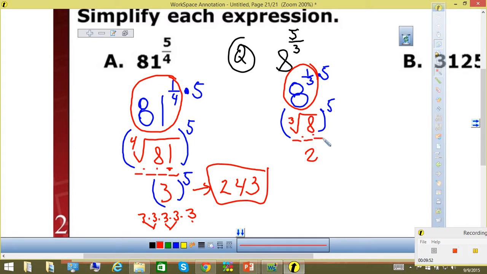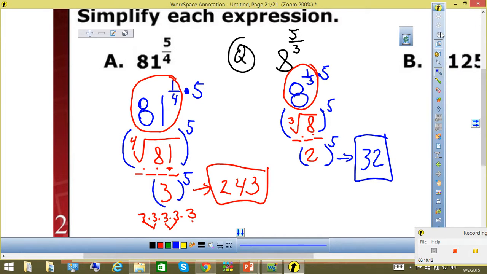One number times itself 3 times gives us 8. 2. Very good. And pass it to someone. Patrick, what is 2 to the 5th? 32. Hands up if you got that. Okay? Do you see it now a little bit smoother, right?